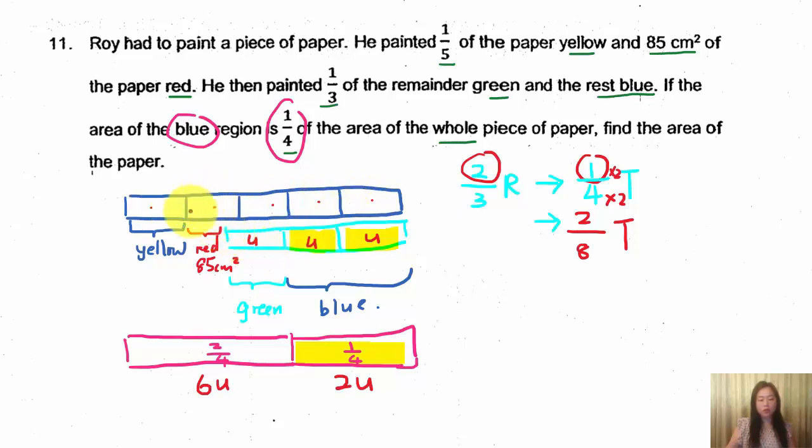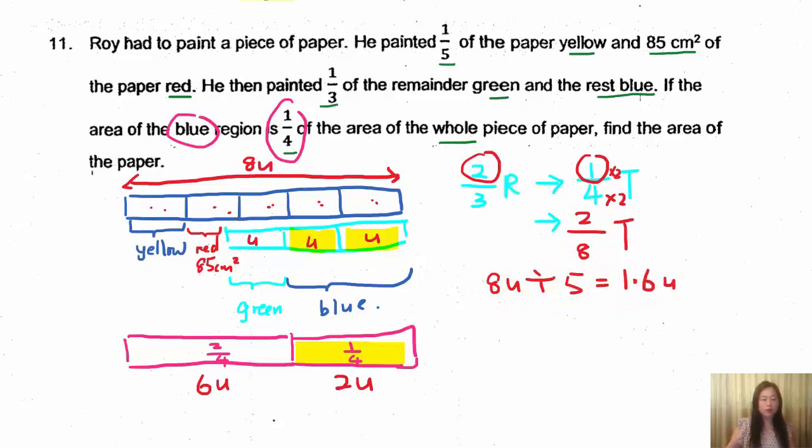One of the tricks you can do is to know that since this whole blue rectangle is 8 units, the shortcut will be to divide them by 5. So 8 units divided by 5 is actually equals to 1.6 units. So if this is 1.6 units, of course the rest will also be 1.6 units.